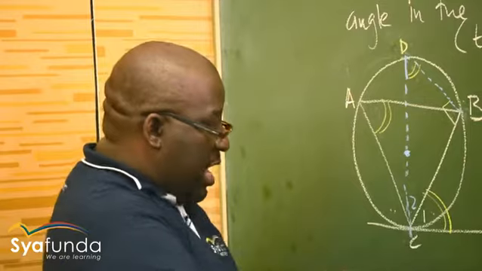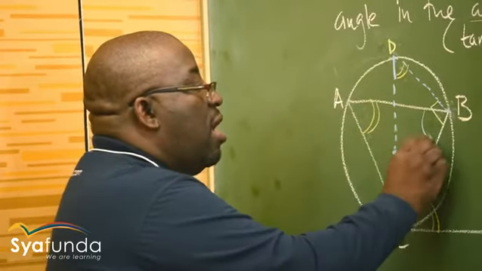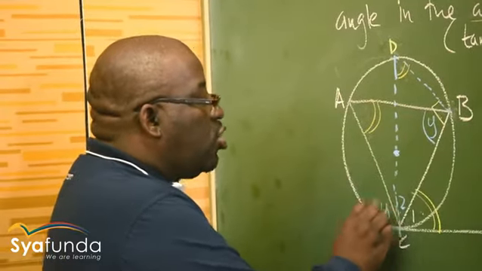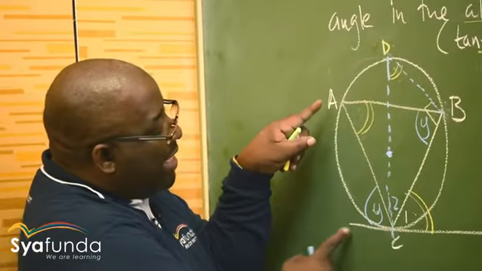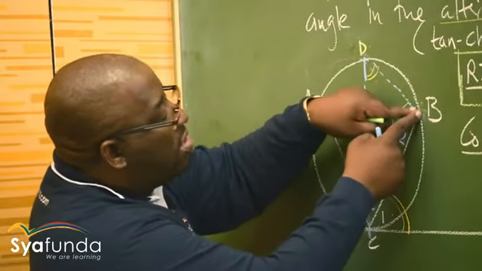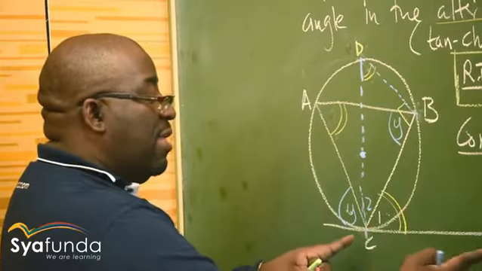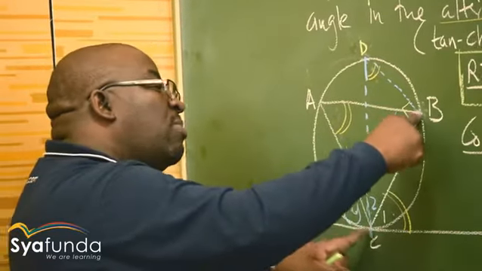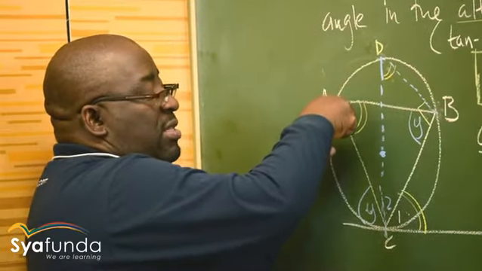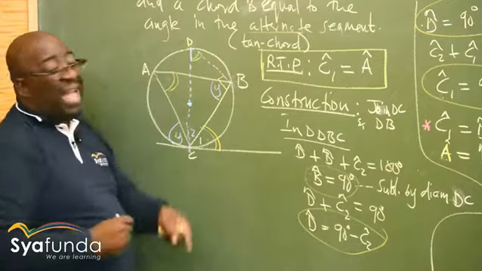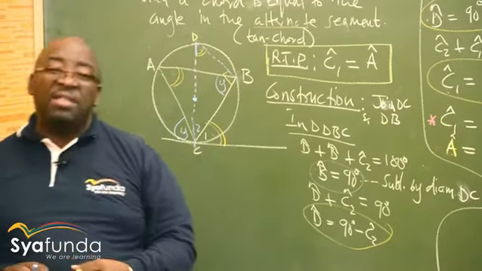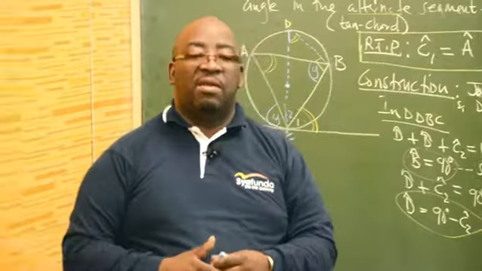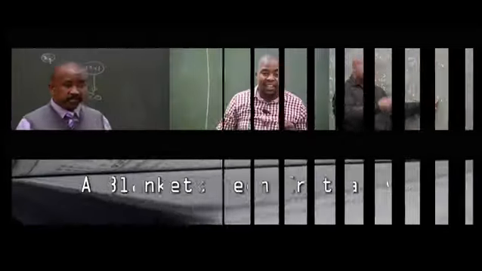So if we call this angle y, this one will also be y, because it is between a tangent and a chord. The angle between the tangent and the chord is equal to the angle in the alternate segment. Thank you.